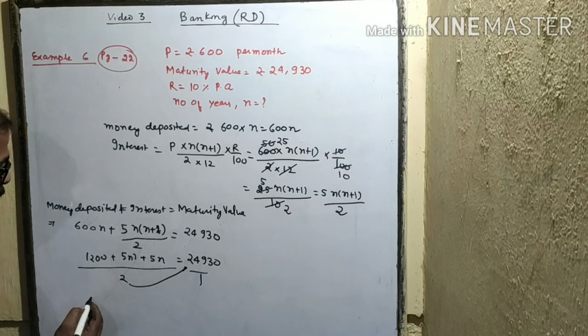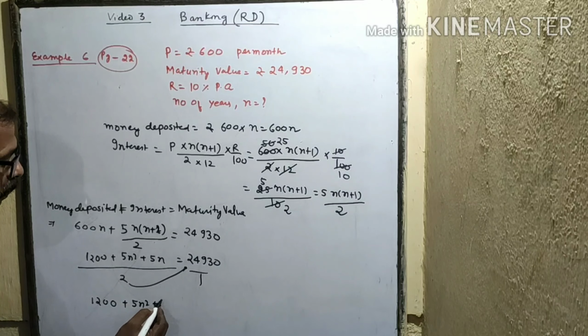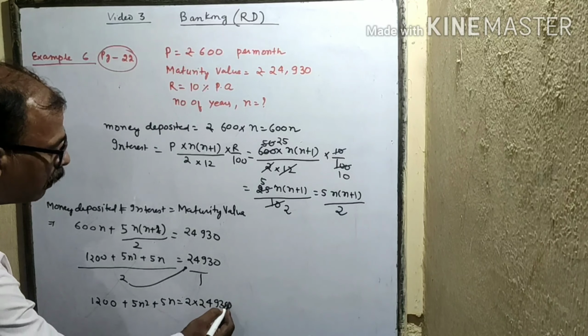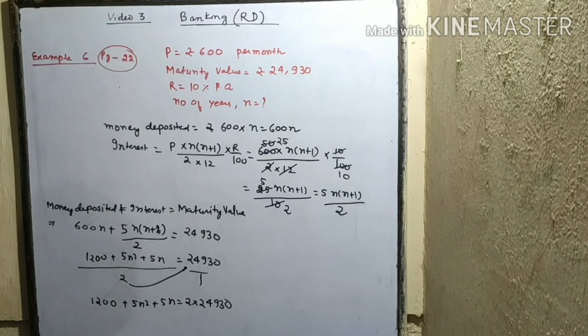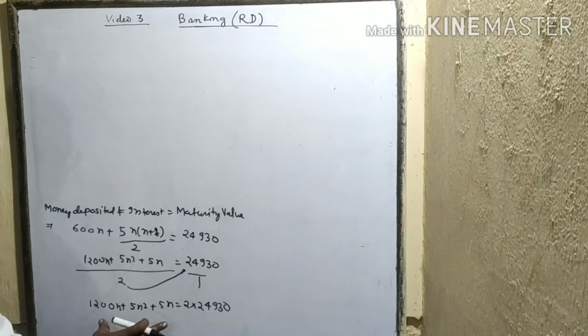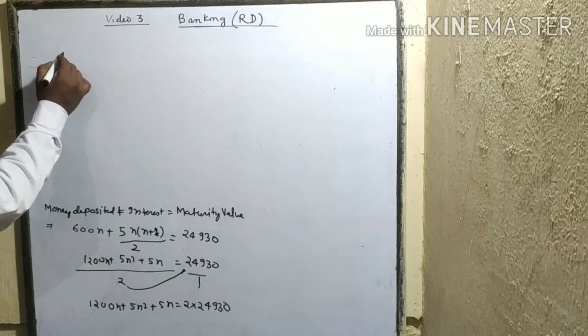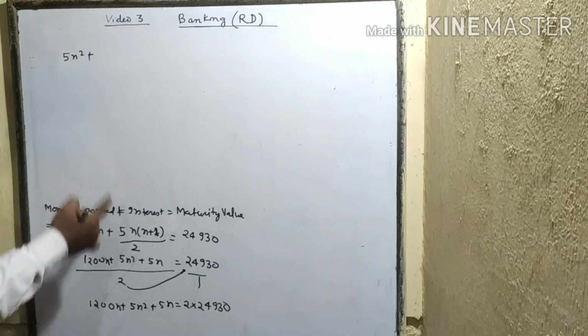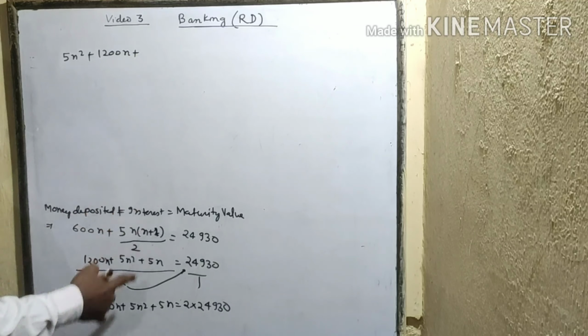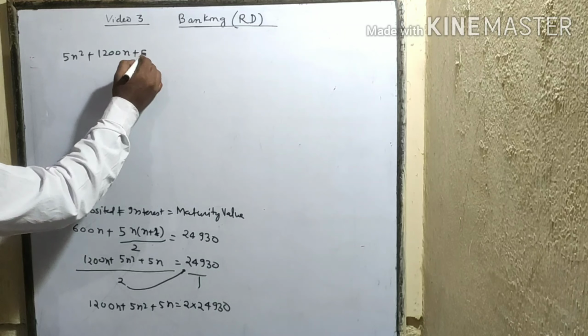This will sit this side. So it will be 1200n plus 5n square plus 5n is equal to 2 into 24930. So this value we'll write properly. This will come out as 5n square plus 1200n plus 5n.